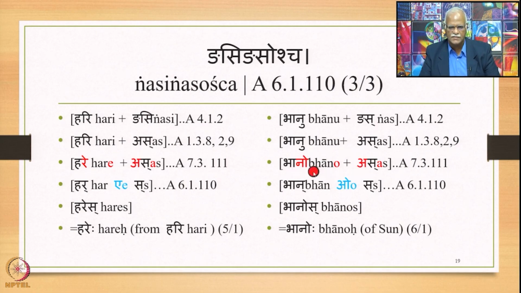Now at this stage Echoyavayavaha has the scope of application, but that is cancelled and 6.1.110 applies and substitutes both these O and A by one substitute, that is Purva, that is in this case O. So we have Bhanos, Bhanoh. Similarly, the 5/1 of Bhanu can also be derived.